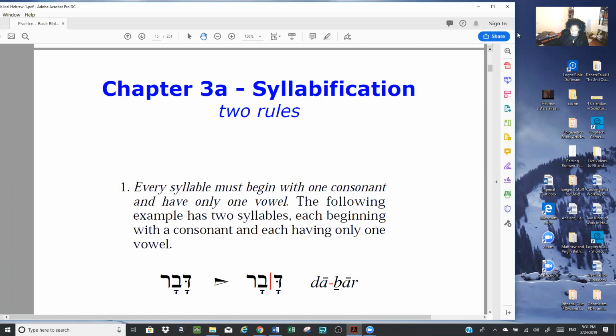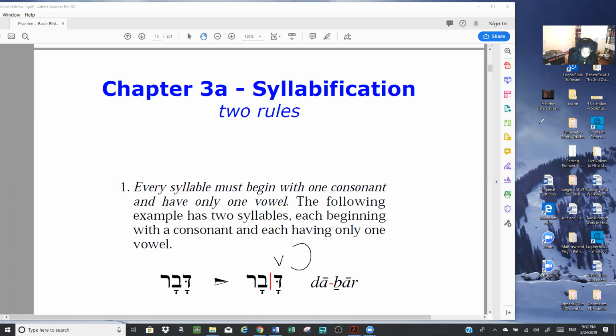So let's annotate here. You have davar. The dalet would be a consonant, and the kamets under the dalet would be a vowel.